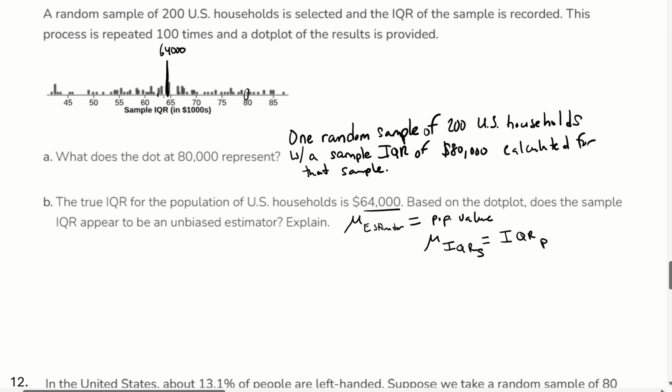Okay, so in that case, if it's close to it, then it does appear to be an unbiased estimator, right?